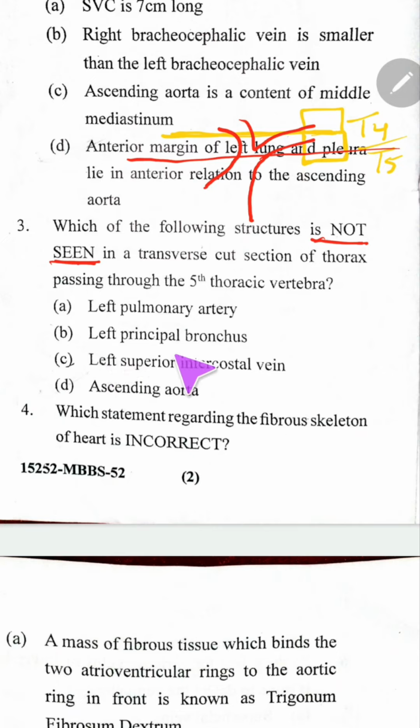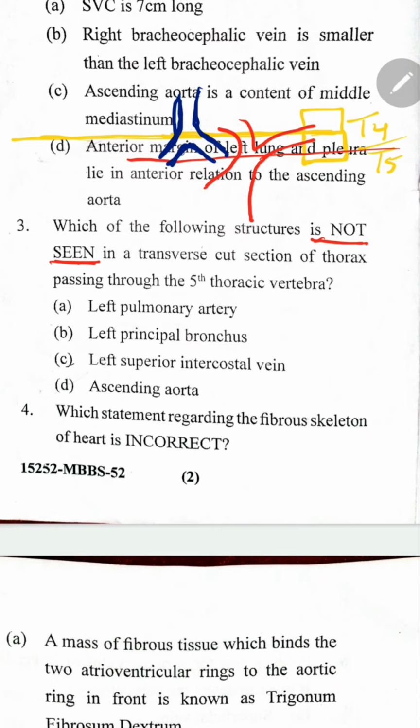Then left principal bronchus, let me extend this line to explain you other structures. So trachea divides into two principal bronchi at the level of sternal angle.